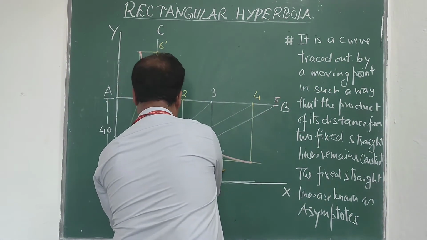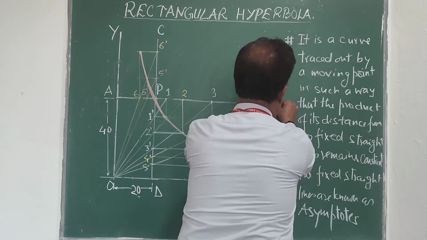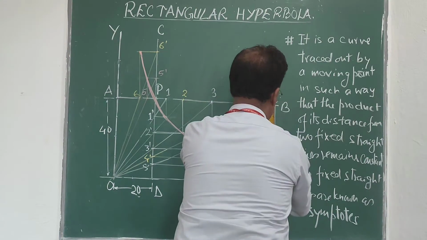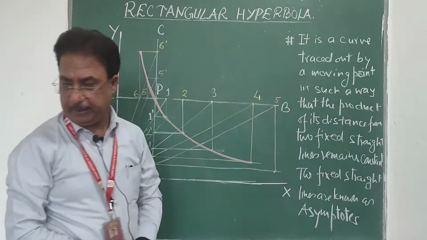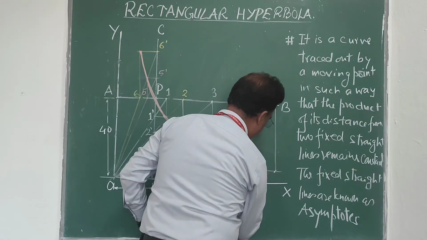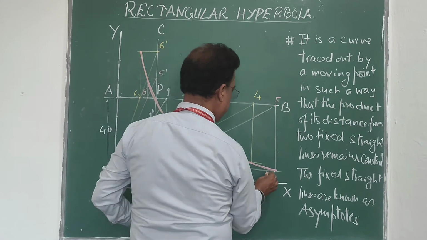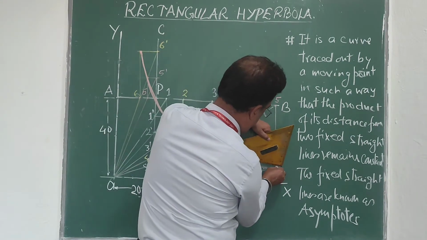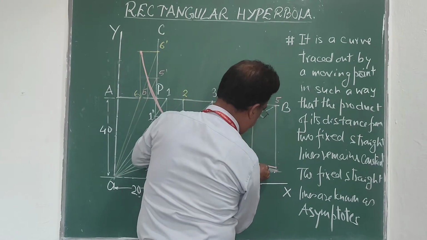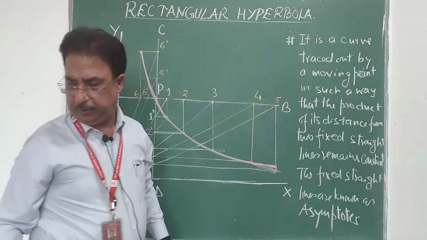From this 5 dash draw a line parallel to OX, and from this 5 come downside, so that will be another point, and you can extend this further like this. So that will be another point on the curve.